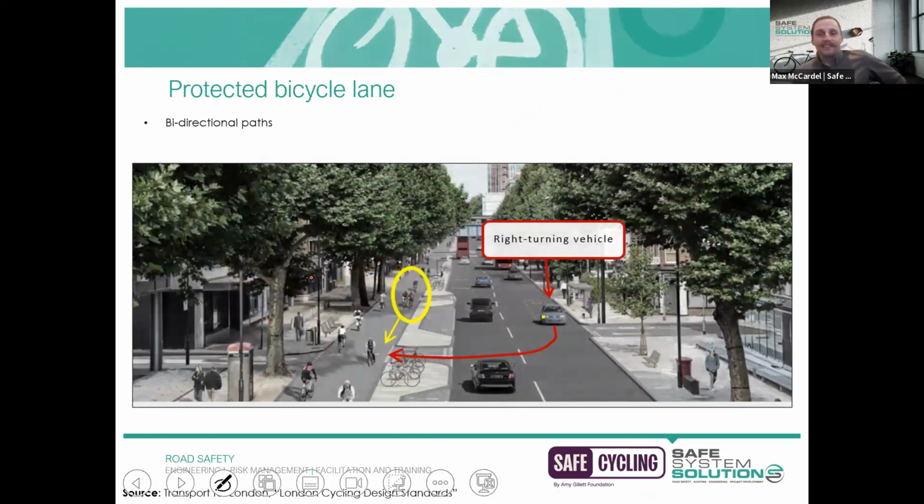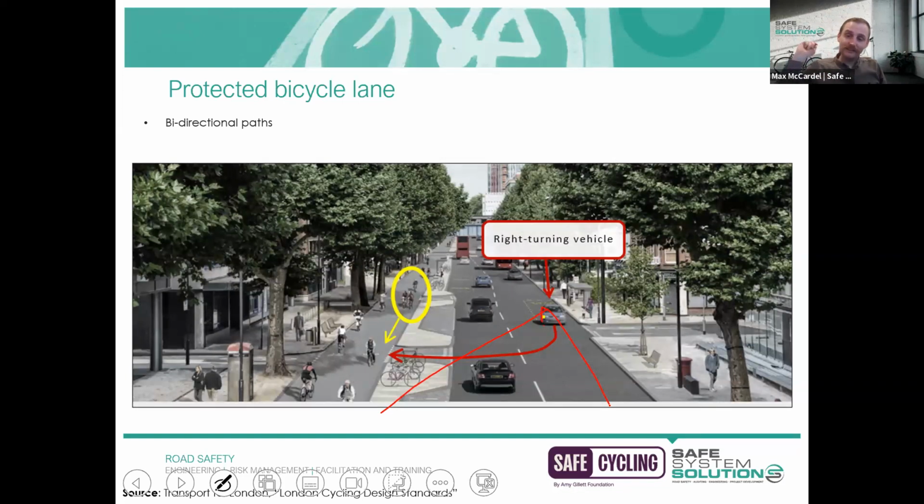Now, the other example that was suggested before is where you've got a right turning vehicle into an intersection. And it's once again that same kind of idea where this right turning vehicle would be looking straight ahead of them and looking for a gap in traffic to perform that right turn movement.